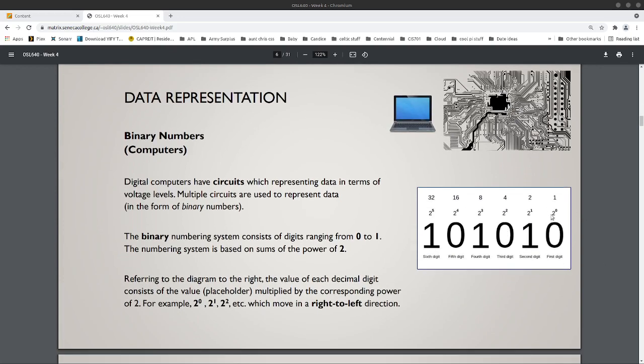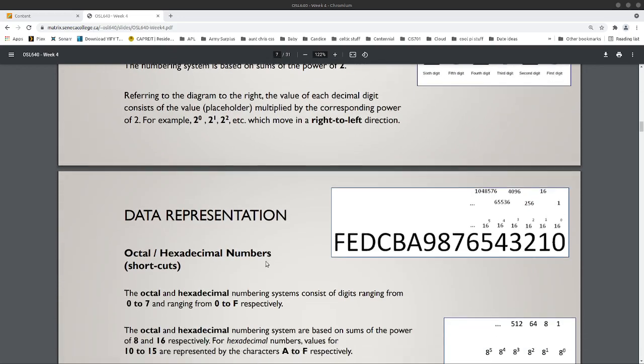With binary, it's 2 to the power of whatever place it's in. So 2 to the power of 0 is your first digit, which is 1. 2 to the 1 is 2. 2 to the 2 is 4, and so on and so forth. As we move from right to left, we increment 1 power.